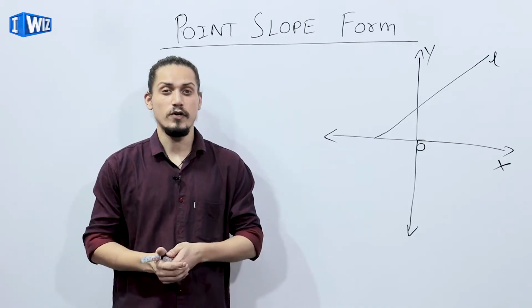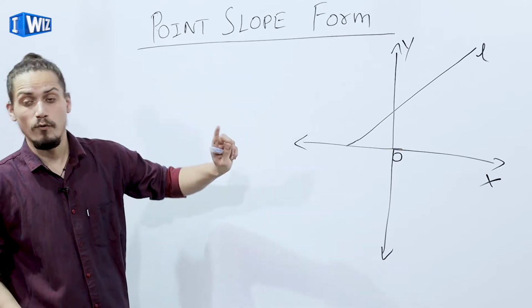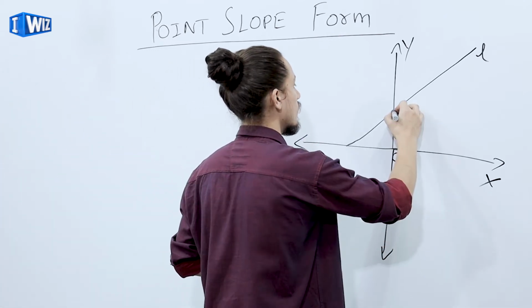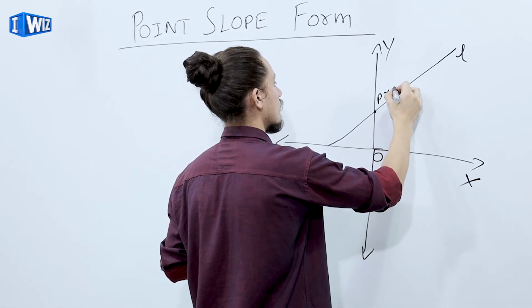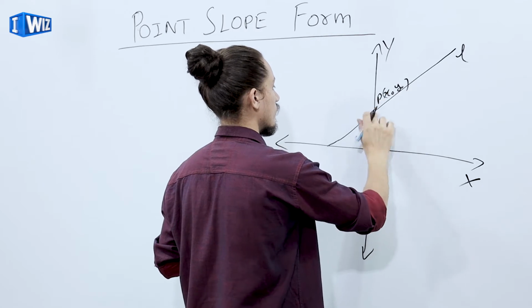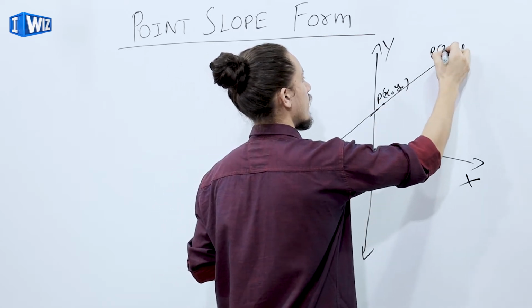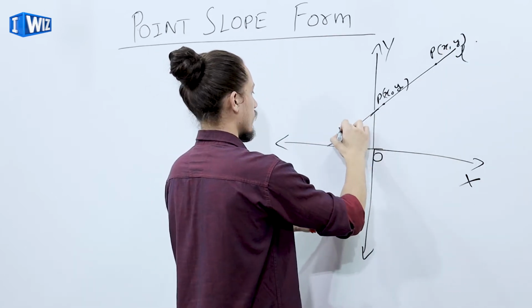The next form of equation of line is the point slope form. As the name indicates, हमारे पास एक point देना होगा और एक slope of line दी होगी. Say we have an arbitrary point P(x naught, y naught). It lies somewhere here, and we have a fixed point P(x, y). And we are given the slope is equal to m.